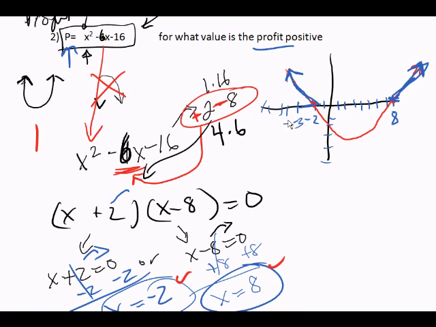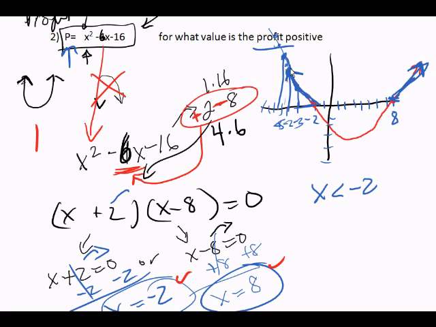You have to write this in interval notation. Do you see negative 5? You're on the graph. This graph keeps on going up. Negative 6, you're on the graph. Negative 7, your profit is positive. So for what value is this profit positive? When x is less than negative 2.